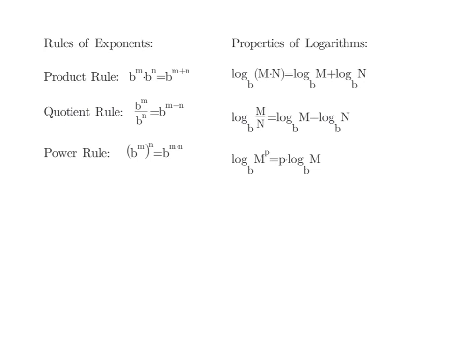And so all of our rules of exponents have similar properties of logarithms that will apply. So our basic rules of exponents, if you recall, we had the product rule. The product rule said that when you multiply two things with the same base, we add the exponents. So when we combine, we add.